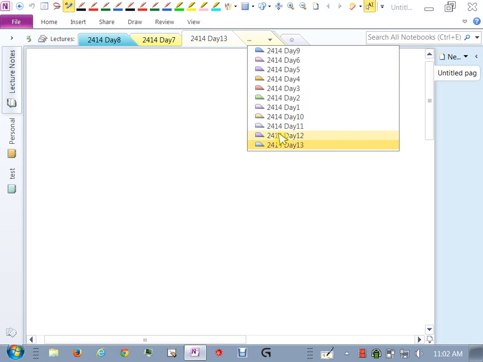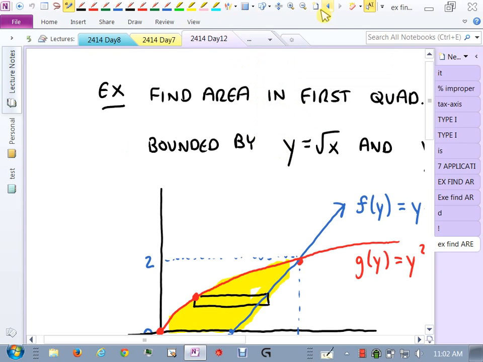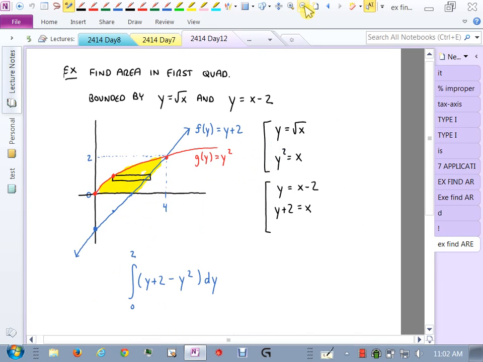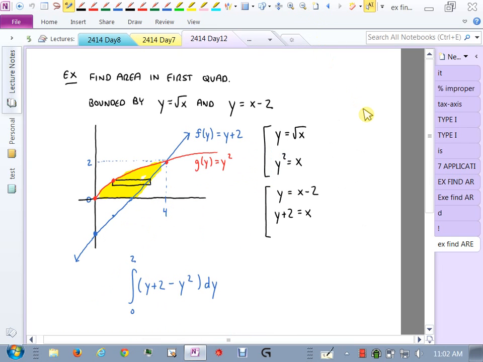Last class, we finished up with this, this was the last thing that we did. Wait, was this the last thing we did? Yes, that was it. So what we had done is we had done this problem the first time using the standard way, which is to look at our slices as going up and down, like our rectangle went up and down.